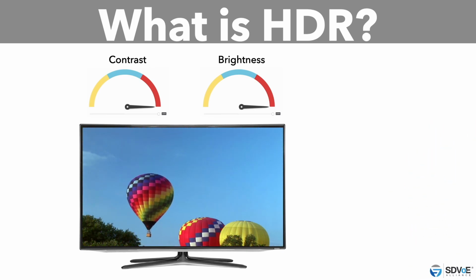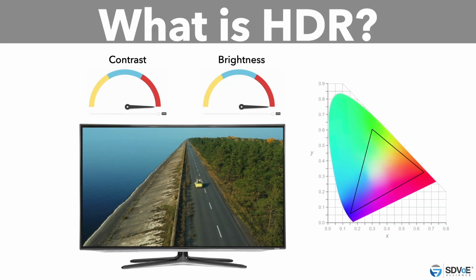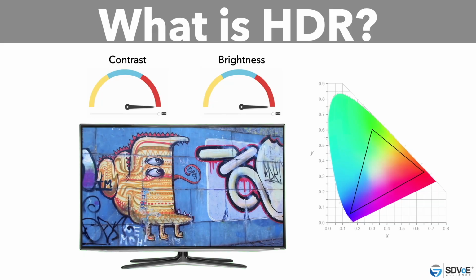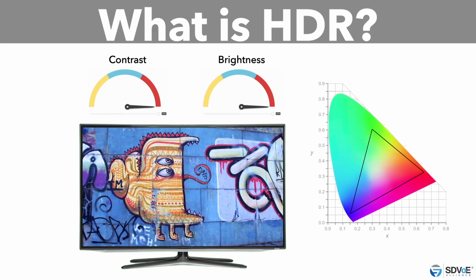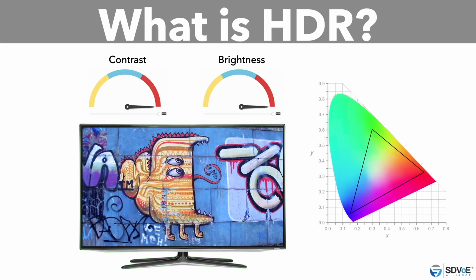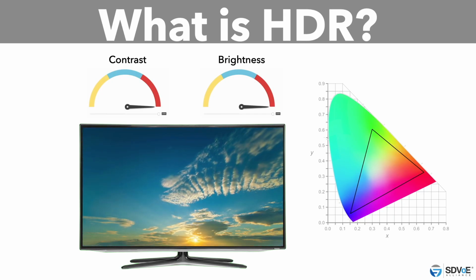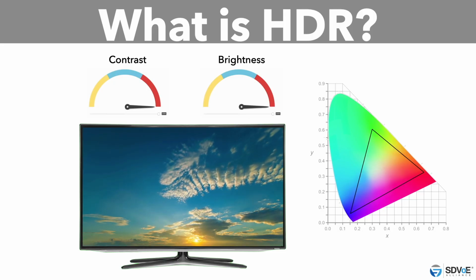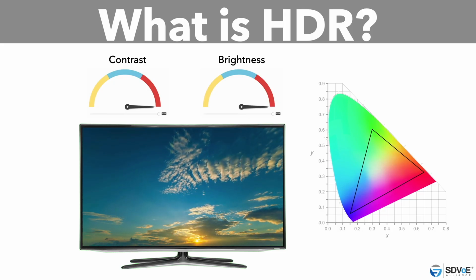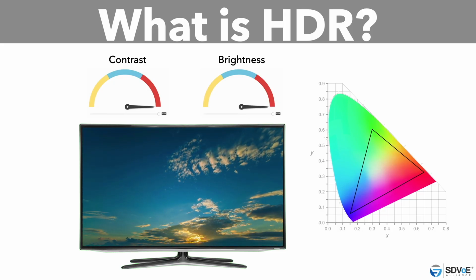In the Colour Space and Colour Depth course, we introduced you to the chromaticity chart to explain the differences between Rec 601 or standard definition, Rec 709 or high definition, and Rec 2020 or ultra high definition. You can revisit that course by clicking here in the top right.